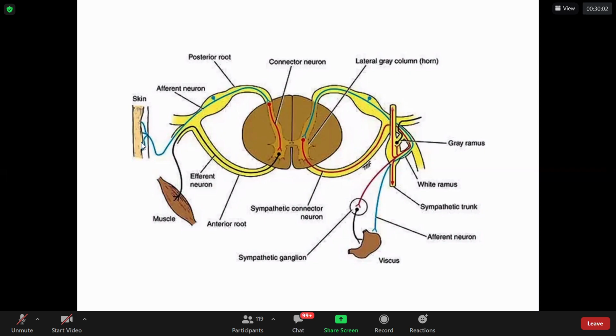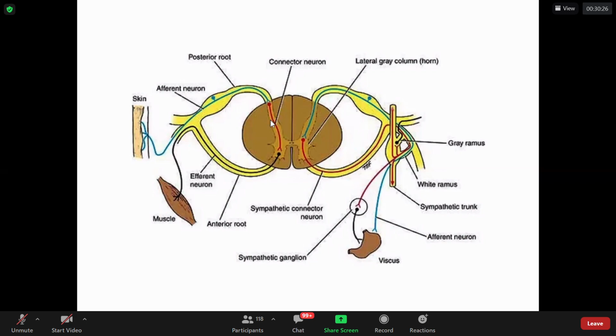So information can pass from the skin. Say, for example, you have got a pinprick here on the skin. This information will go through the neuron's peripheral process and it may enter the cell body of the neuron, or it may bypass it and reach the posterior horn of the spinal cord.